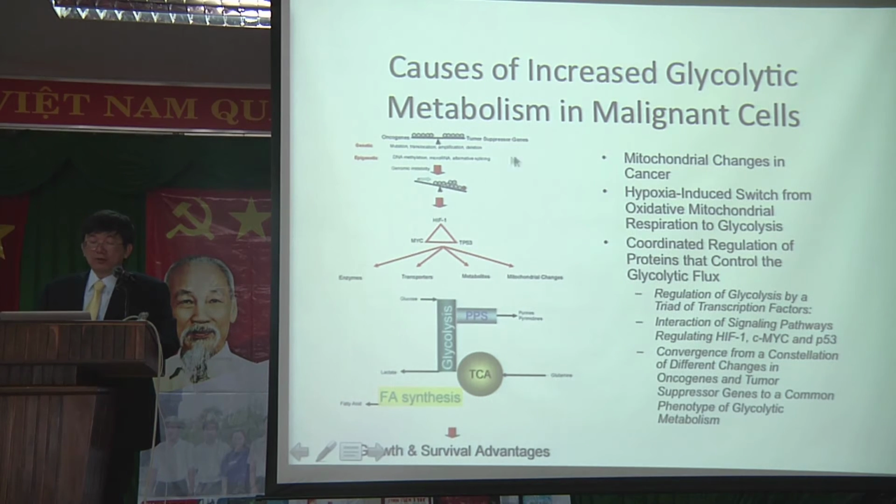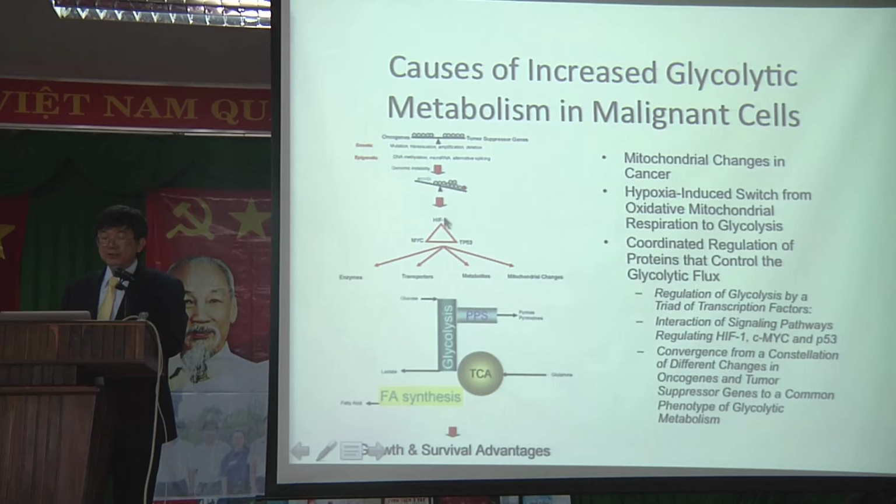So overall, the big picture is that you start out with the genetic mutations, and then you lead to the imbalance in the genetic makeup of the cells. Because of the increase in genomic instability, the balanced regulation of the genes will become lost.